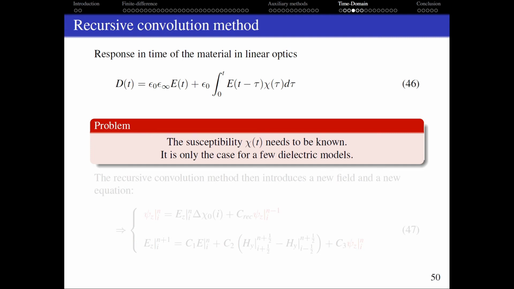You need to fit the refractive index with a dielectric model that the method is going to be able to comprehend. So no tables of refractive indexes, nothing like that. You need to fit everything. So it can be a time-consuming step when you don't know what to use.